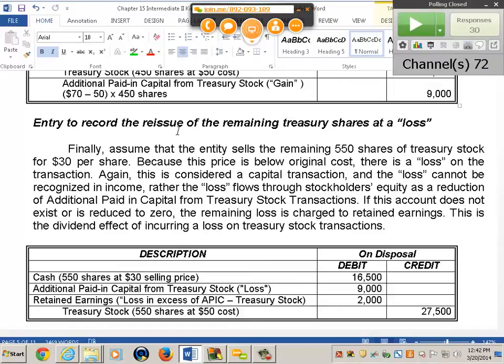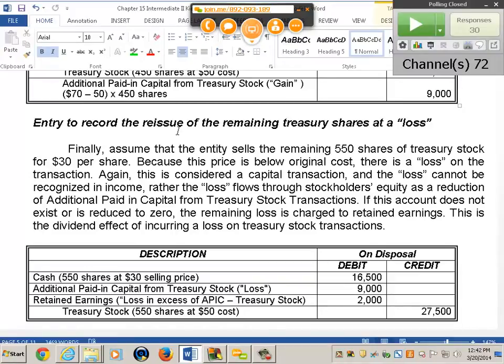Now the question, of course, is what do we do with that loss? If we go back to the theory, it's first a return of capital from treasury stock transactions. When that goes to zero, the difference is then coming out of retained earnings.